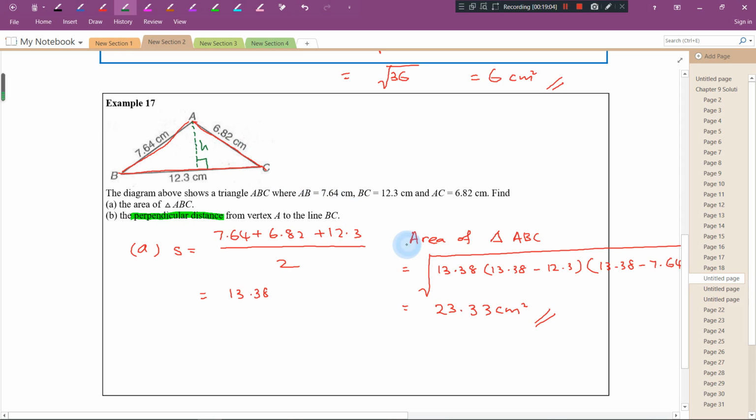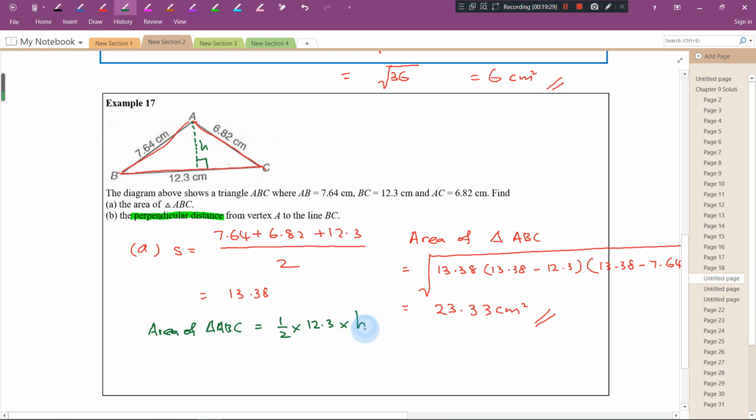So before we learned this Heron formula, we know that we have another method which we learned in primary school. Area of this triangle will be equal to 1/2 times the base length times the height, right?